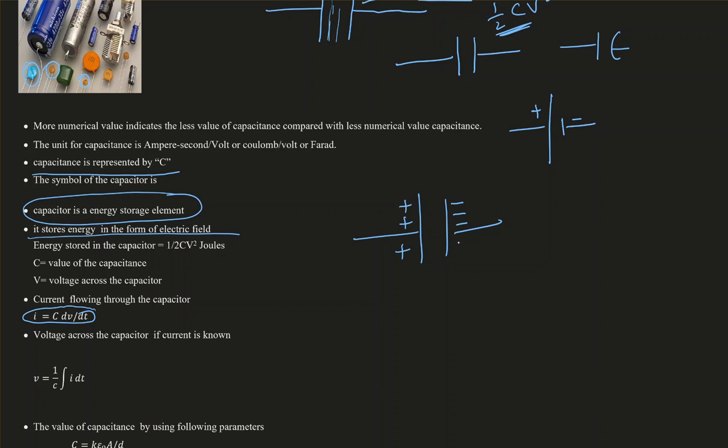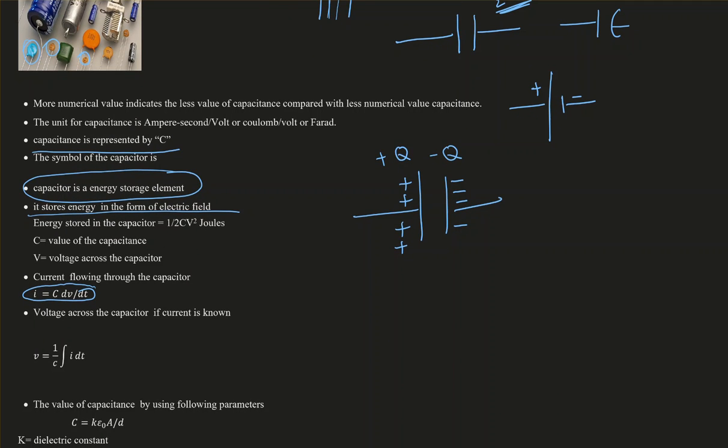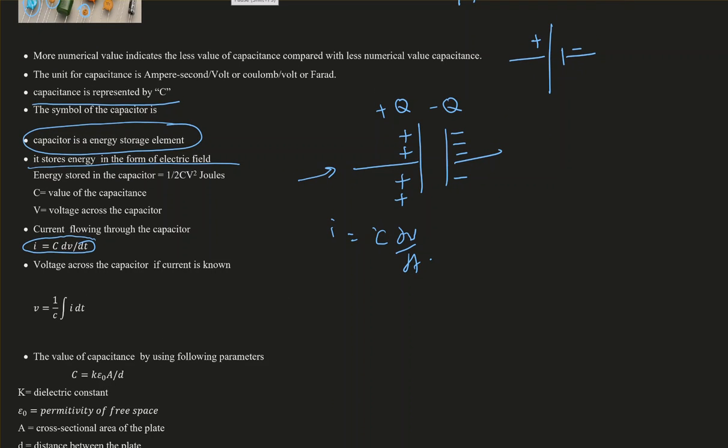One plate is positively charged, another plate is negatively charged. The amount of charge is the same on both plates, but one is negative, another is positive. The current is I equal to C times dV by dt, or the voltage across the capacitor is 1 over C integral of I dt.